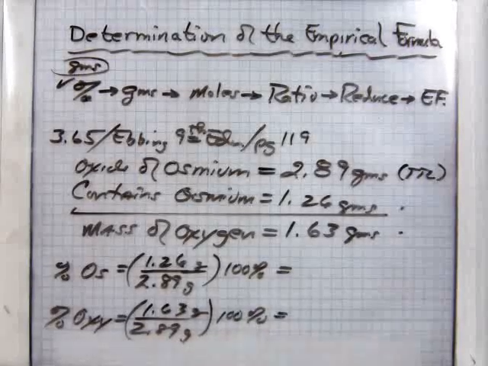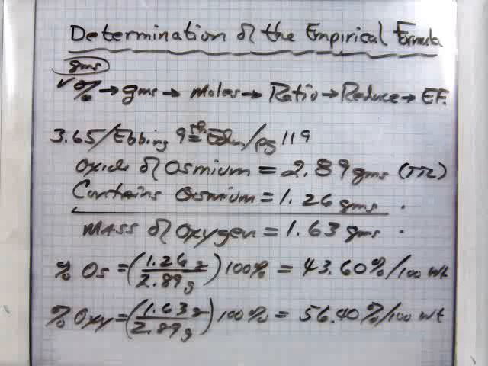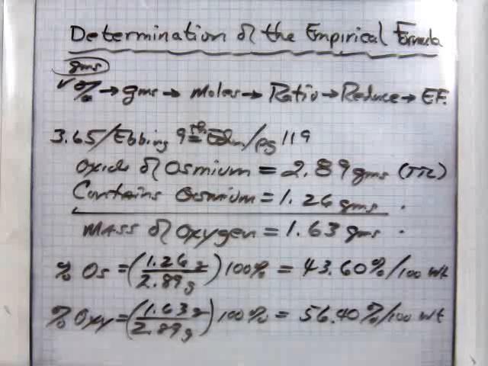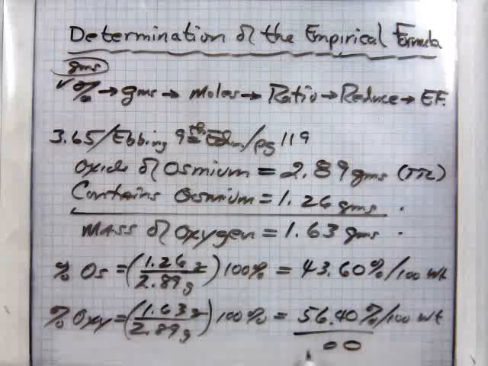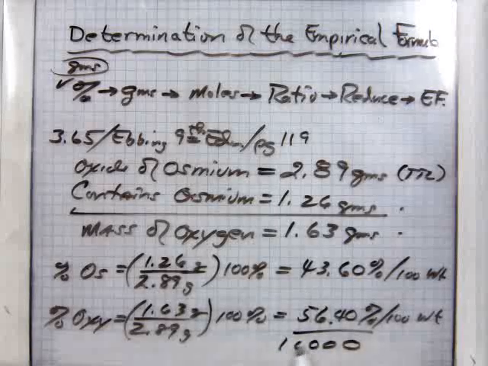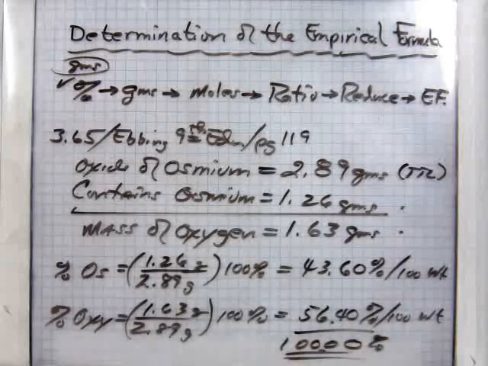And this will give you your percentage per hundred. So I got 43.6% per hundredweight for osmium, and oxygen gives me 56.40. And you can check these, they add to 100.00%. So that just checks your work real quick to make sure you've done it correctly.